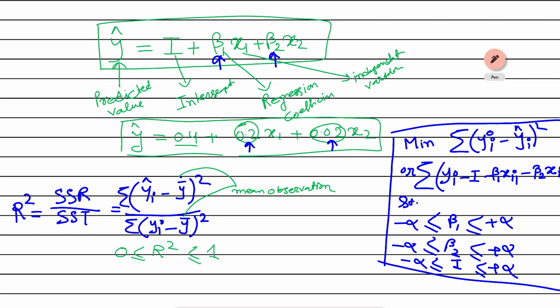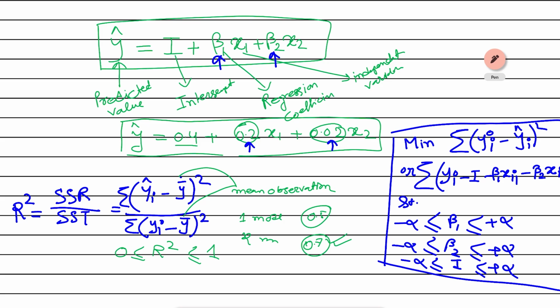Definitely this entire term, R square, indicates how much the independent variables are explaining the variability in the predicted y, and a higher value is desired. Let us say if you have two models, the first model may be giving an R square of 0.5, and the second model may be giving an R square value of 0.7, then definitely 0.7 is a better model than 0.5. So this is how you generally evaluate your regression models based on R square.